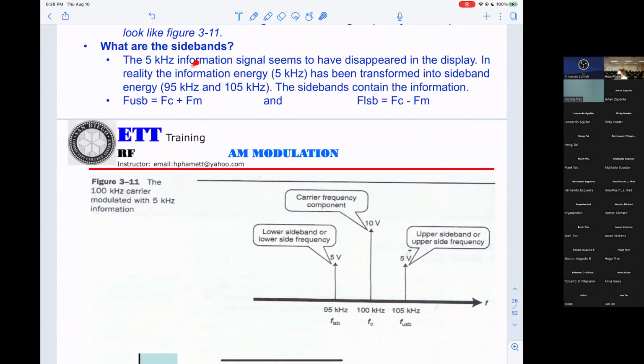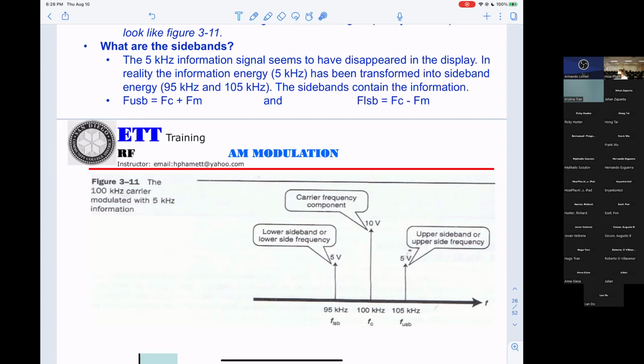The 5 kilohertz information signal seems to have disappeared in the display. In reality, the information energy at 5 kilohertz has been transformed into sideband energy at 95 kilohertz and 105 kilohertz. The sidebands contain the information.